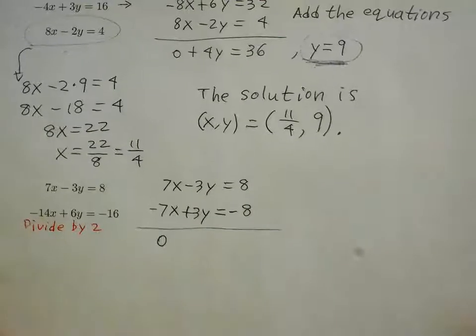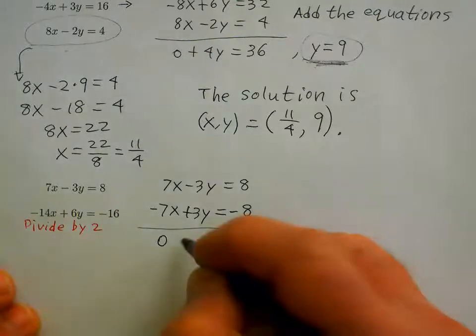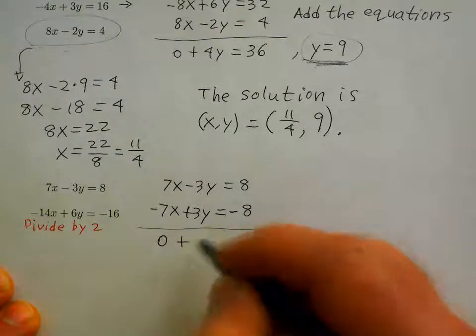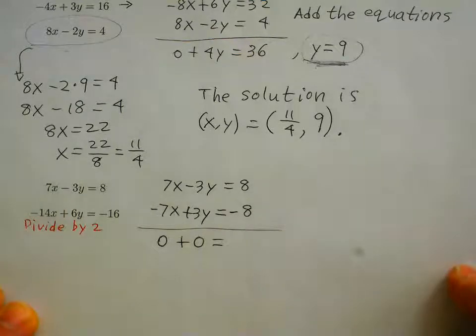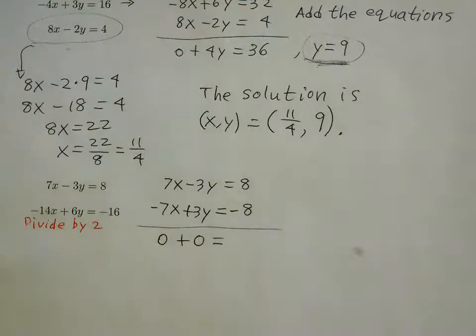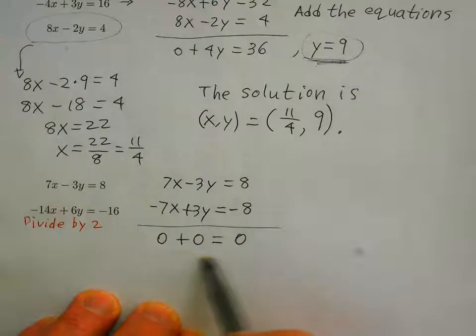Okay, what else do we get? Negative 3y plus 3y. What's that? It's also 0. So not only did the variable x eliminate, the variable y is eliminated. And then on the right-hand side, 8 plus negative 8, what's that equal to? Also 0. Note that 0 plus 0 equals 0.